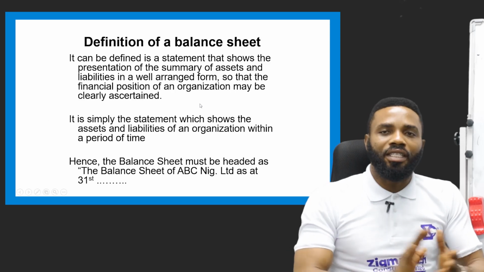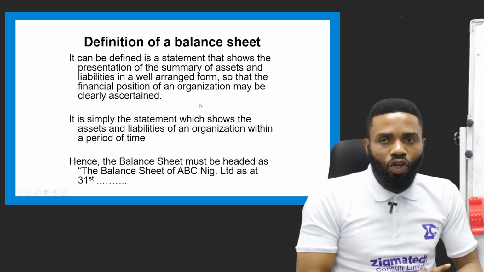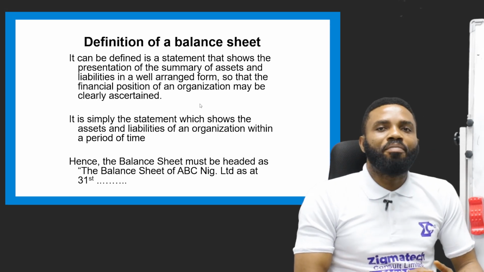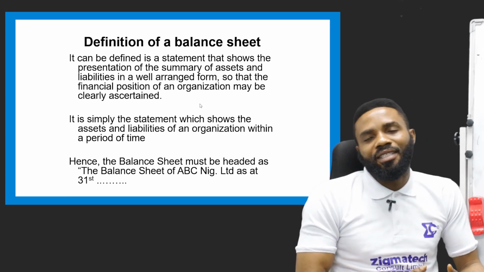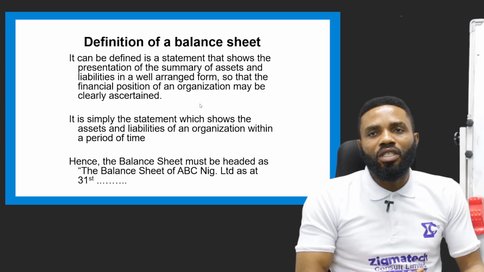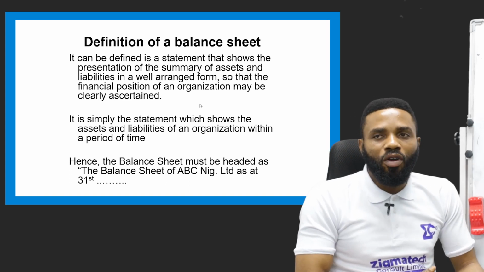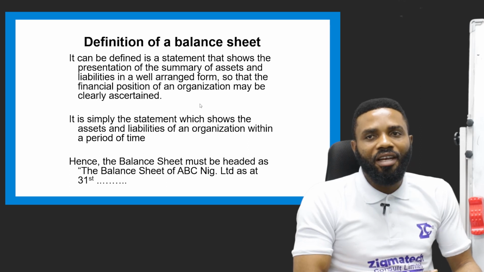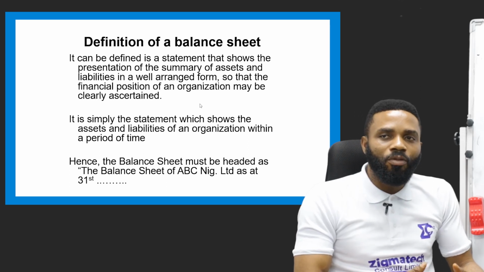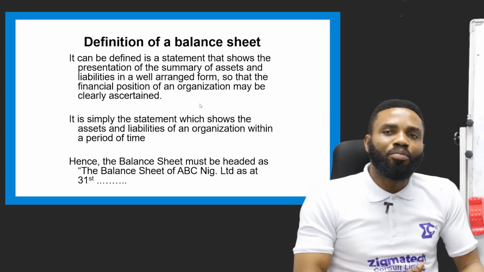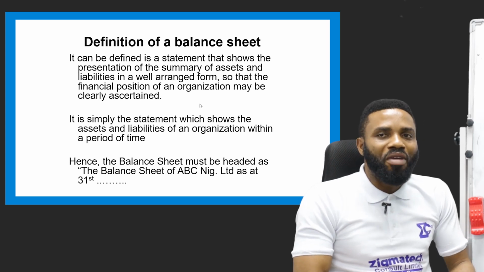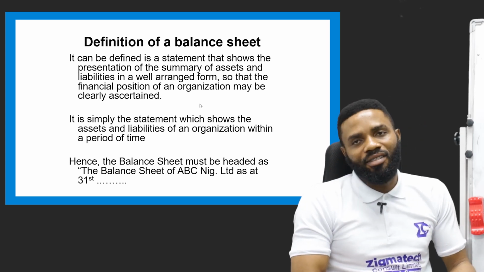Now let's look at the definition of a balance sheet. We said a balance sheet can be defined as a statement that shows the presentation of the summary of assets and liabilities in a well-arranged form, so that the financial position of an organization may be clearly ascertained. What do I mean?